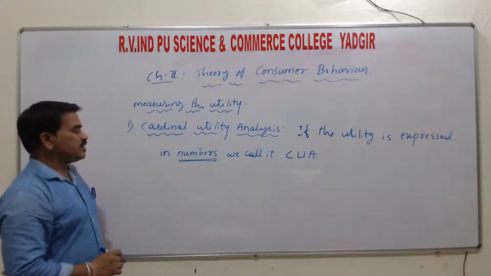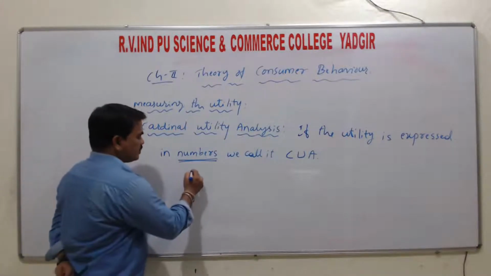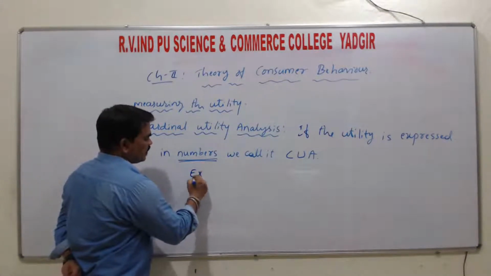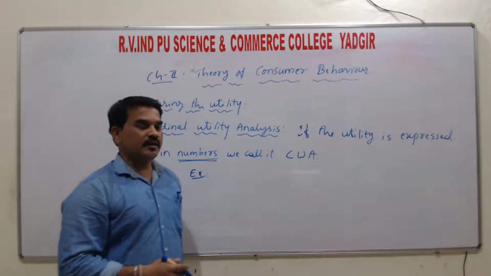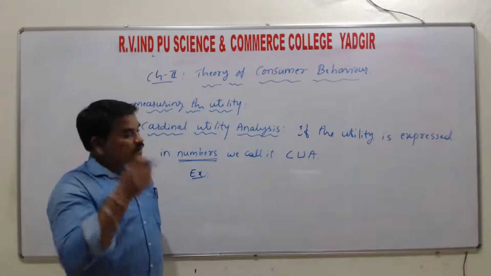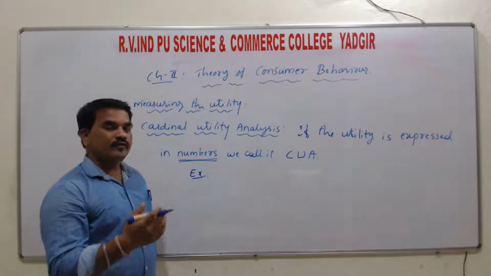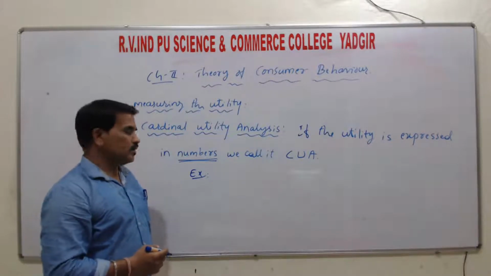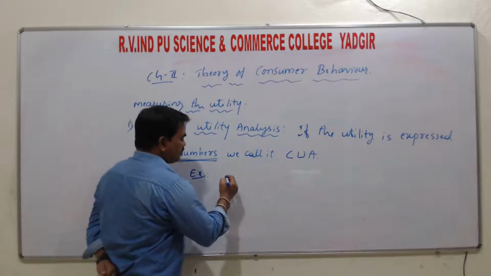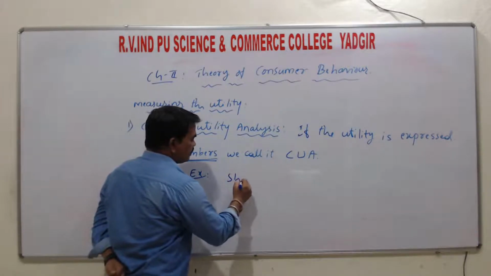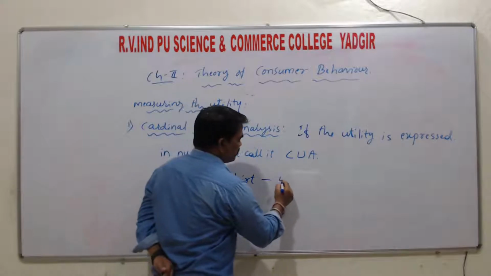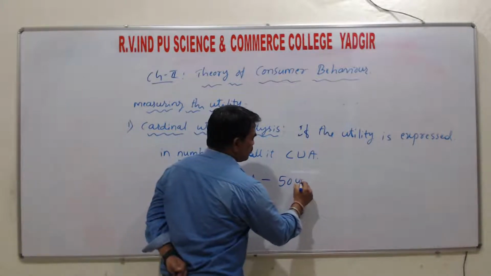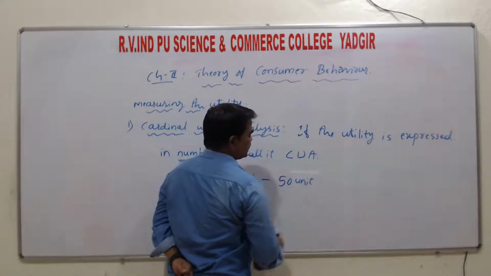To understand it better, we will take an example. I have purchased a new shirt. So, what is the utility of that good? I would say the shirt gives me 50 units of utility.